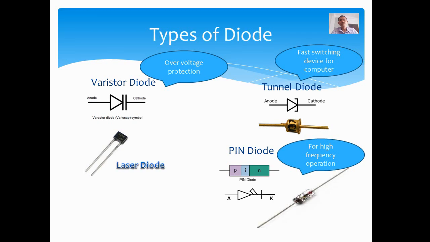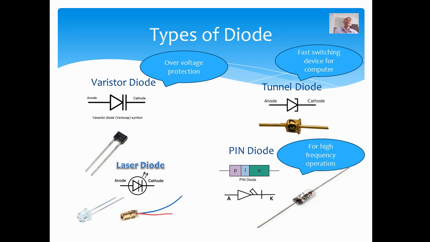The last one is the laser diode. I know that you are all familiar with the laser diode. Basically, the symbol looks like a diode with a double bar, and the two arrowheads are going out.